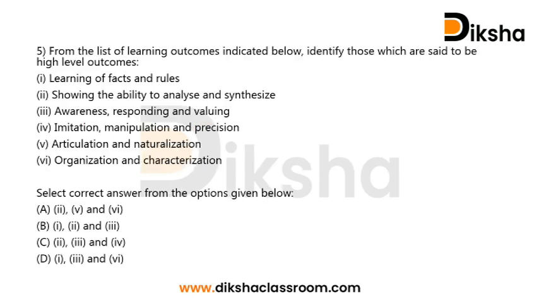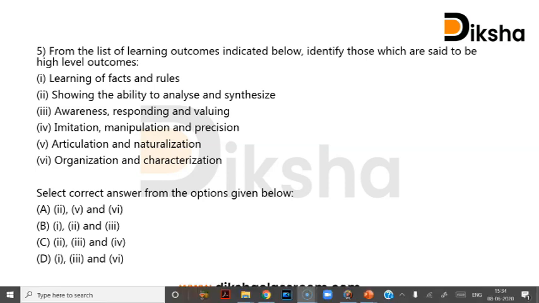Moving to the next question, question number 5 of teaching aptitude. From the list of learning outcomes indicated below, identify those which are said to be high-level outcomes. So here you have to identify the learning outcomes which can be said to be high-level outcomes of the teaching learning process.